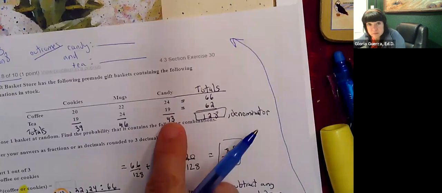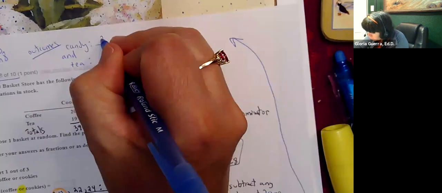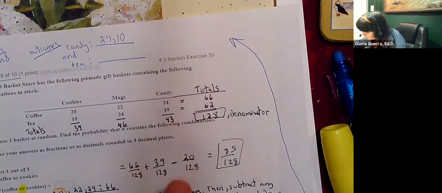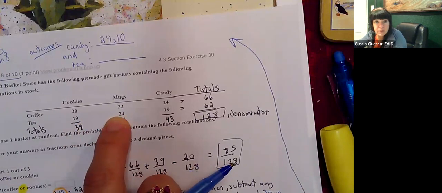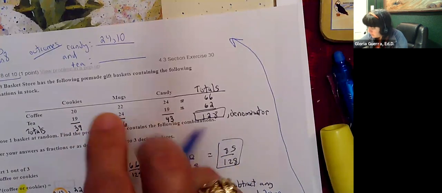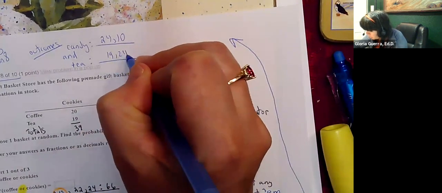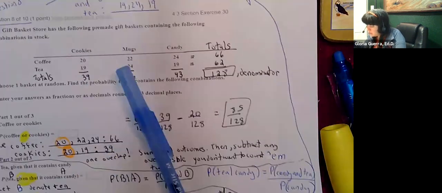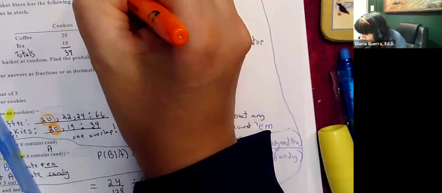Candy is 24 and 10, and tea is 19, 24, and 19. And I'm going to highlight, let's see what's in common. The 24s.